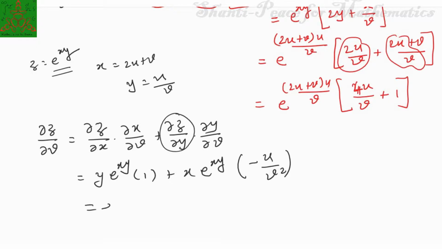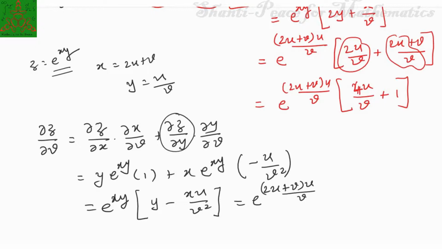To simplify this, e power xy is common, which gives you y minus x u upon v square. If you substitute the values of x and y, this gives you e power xy into the bracket u upon v minus 2u plus v into u upon v square.